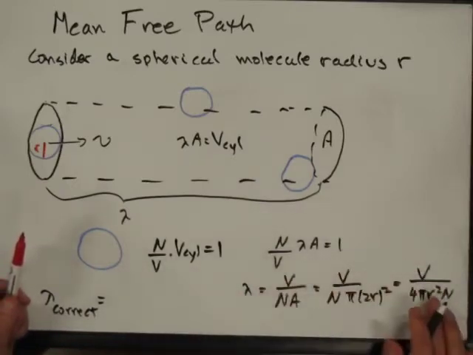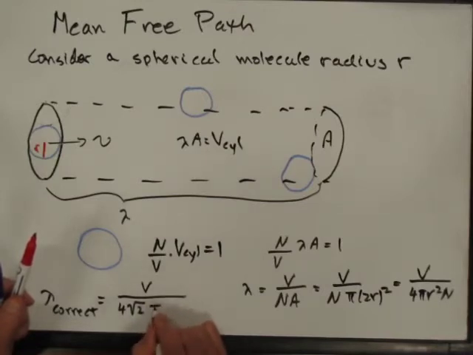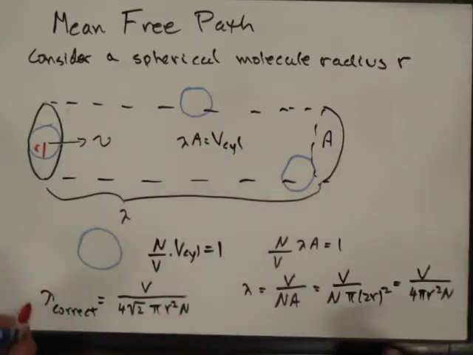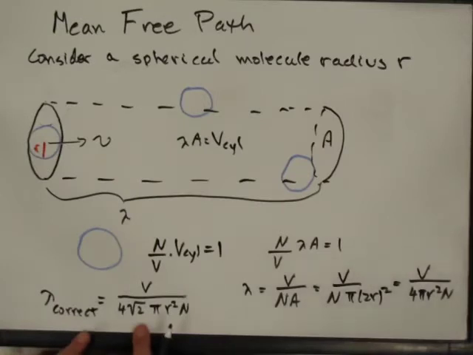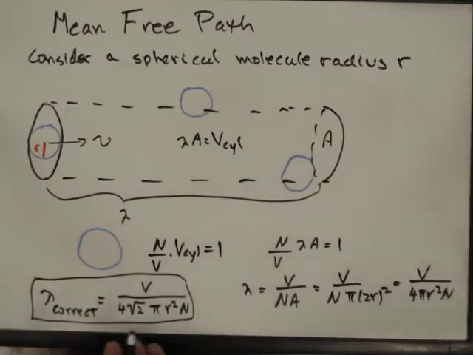I'm stating this is V over 4 times the square root of 2 pi r squared N. Okay, and so this is the thing I'll be calling lambda here for a second, right?